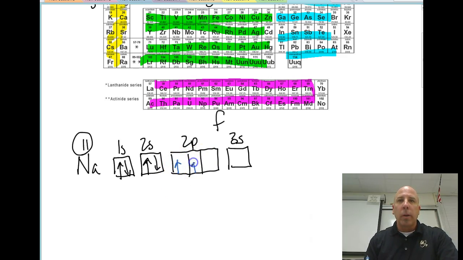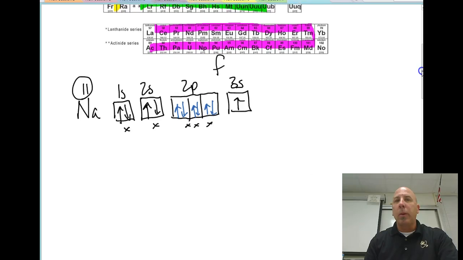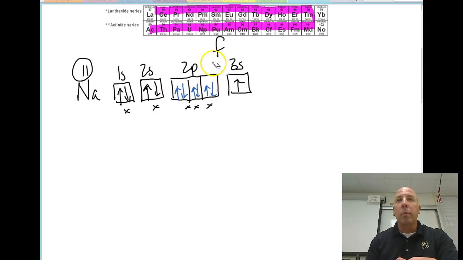So there's 1, 2, and 3, but we still have more electrons to go, so we go back and double them up: 4, 5, and 6. Now let's count our electrons: 2, 4, 6, 8, 10, and we want to get to 11, so we have 1 more electron, and there's our 11th electron. That would be the orbital diagram for sodium.